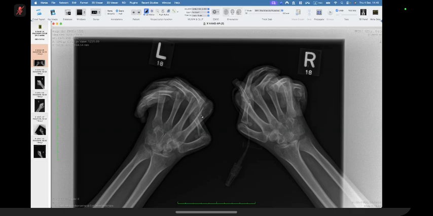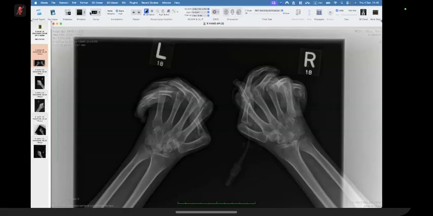I'm presenting a bilateral hands frontal view radiograph. I can see a marked dislocation and subluxation of all metacarpophalangeal joints in both hands. This is associated with, not normal articular surface, there is erosion seen in the articular surface of the metacarpophalangeal joints.